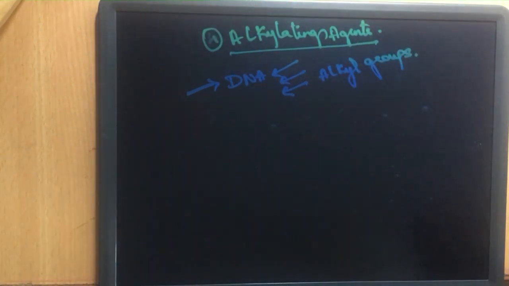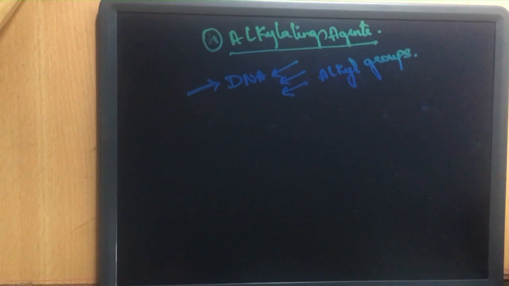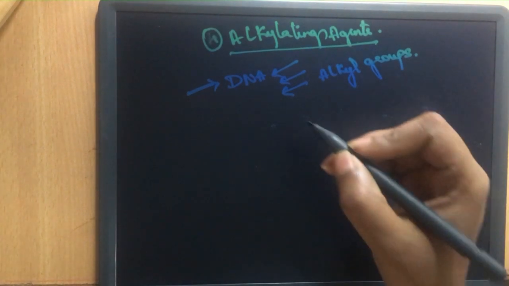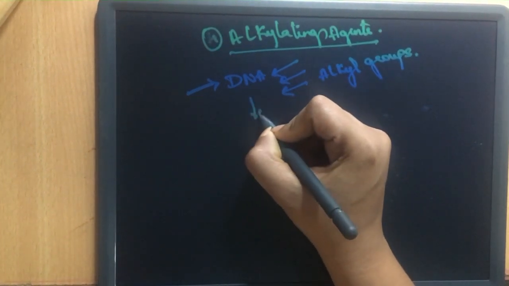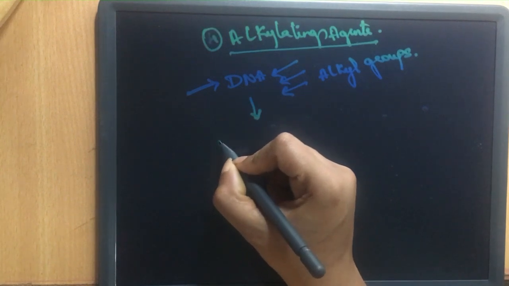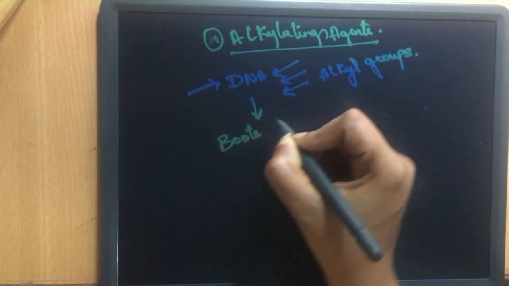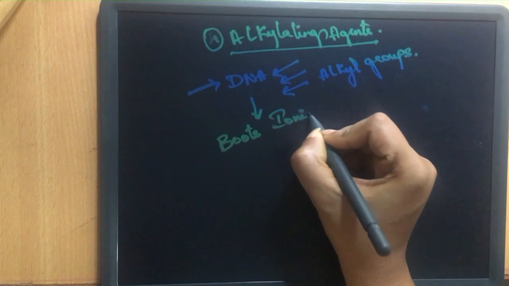So how do they damage the DNA? These alkylating agents damage the DNA by introducing alkyl groups. When these alkyl groups are introduced in the DNA, it increases or boosts ionization.